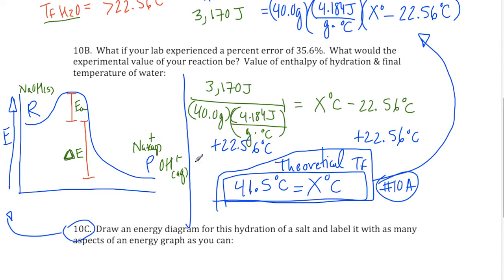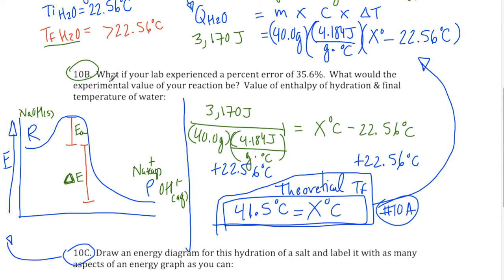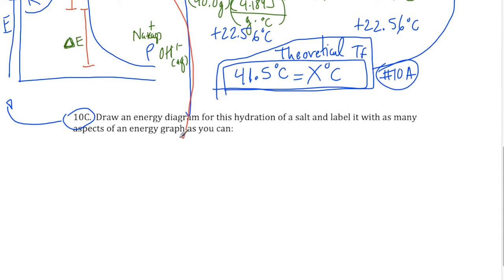Okay? Now we'll answer 10B down here. So 10B is going to get answered down at the bottom here. And so 10B, we'll just draw a little arrow down here. It's pretty hard. Okay, now what if your percent error was 35, not 36, was 35?